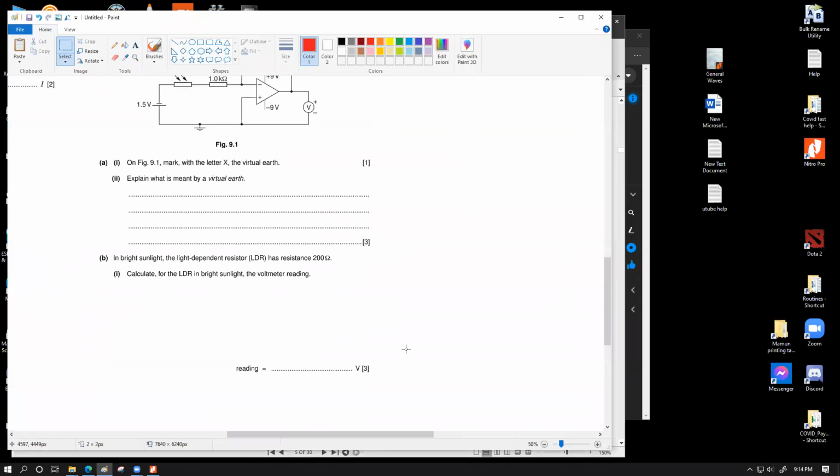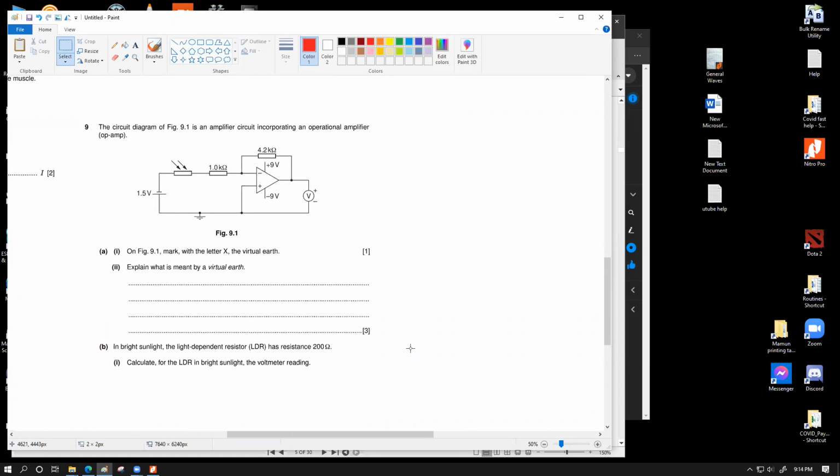The question was: the circuit diagram for P1 1 is an amplifier circuit incorporating an operational amplifier, op-amp. On Figure 9.1, mark with the letter X the virtual earth. Explain what is meant by virtual earth.